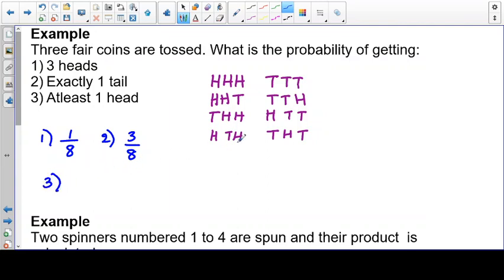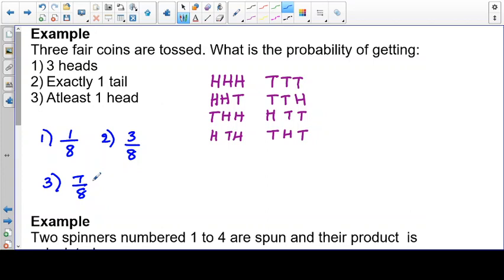And then at least 1 head. Well, either you can count all the ones where there's at least 1, there's 7 of them, or you can do 1 minus not getting any. Okay, but either way, that's going to be 7/8.